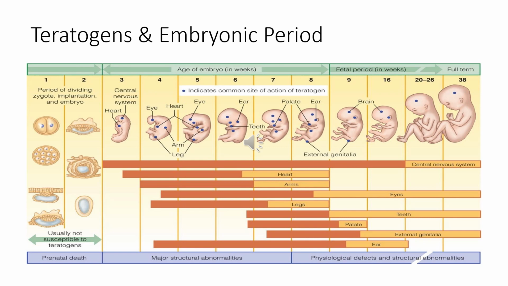You'll notice that teratogens don't have any effect during the germinal period, during weeks 1 or 2. What does happen is that zygotes often fail, or babies die during that time. It often just appears to be like a heavy period, essentially. Most of the time, females aren't even aware that they were pregnant if a baby dies during those first 2 weeks. It's often due to some sort of genetic defect or chromosomal abnormality.